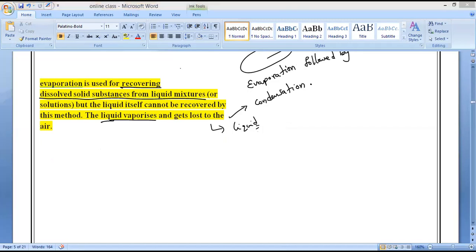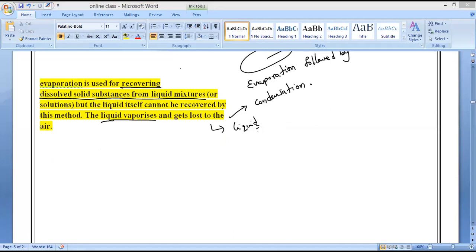Whatever dissolved substances are present, we can obtain by using the evaporation technique. You can see the ink; that is what they have given in our textbook also. Obtaining the dye from the ink, blue ink or black ink, whatever we are using in fountain pens. Do you all know fountain pens?